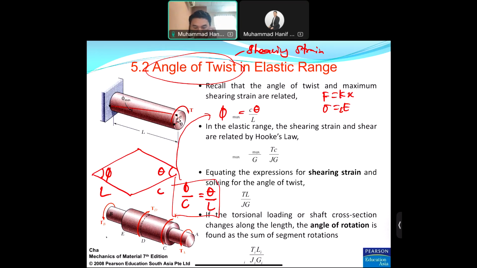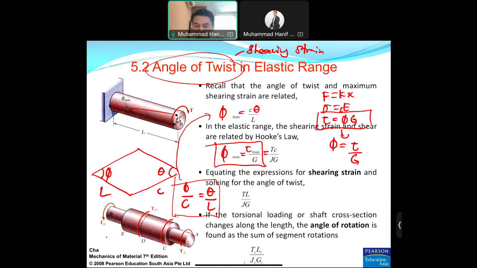Since you have phi equal to tau over G, and then tau can be replaced with TC over J, which is from the previous slide, you insert tau into the equation.